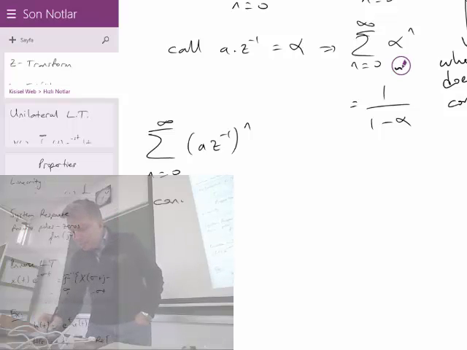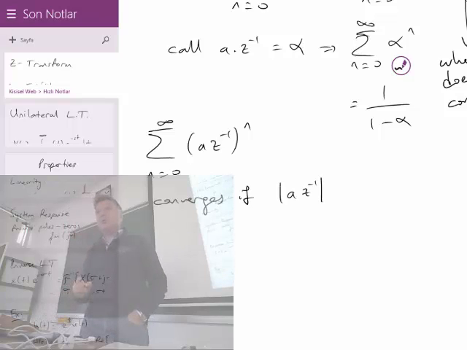We will say that it converges if a times z inverse magnitude, this alpha thing, is less than 1. Then our result will be correct. Otherwise, what I wrote as a result was incorrect. I mean, I was lying about the convergence.